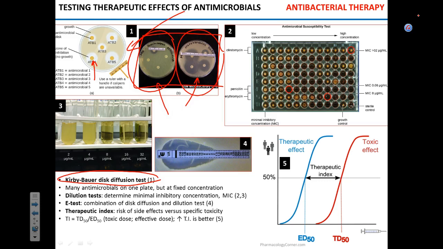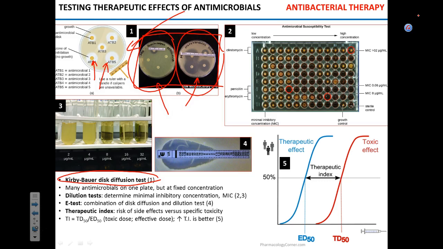And you can see bacterial growth at the concentration of antibiotic that is its minimal inhibitory concentration. The problem with the Kirby-Bauer disc diffusion test is that you don't really know what the minimal inhibitory concentration is. Does that make sense to you?